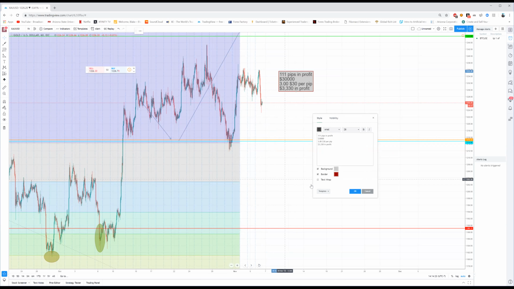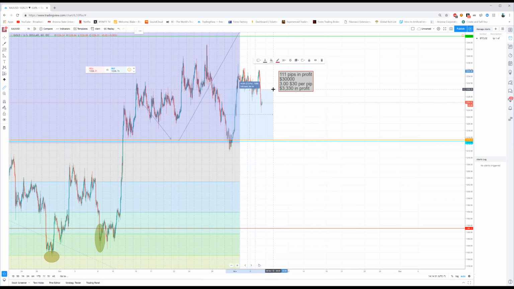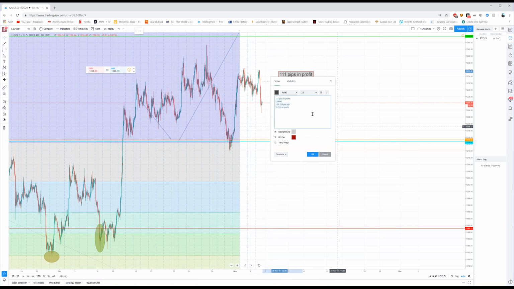And I want to see how long that took too, because obviously it did go higher before, but we're being extremely realistic here. We're saying if we forgot about this trade, because I did forget about this trade, and you're in right now. That took one week.